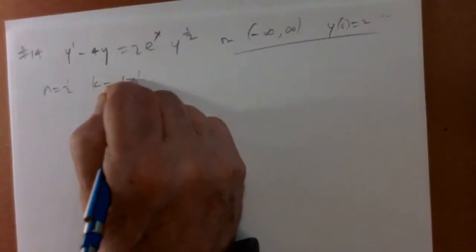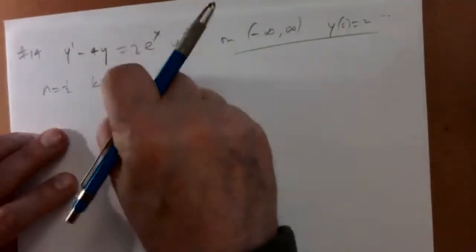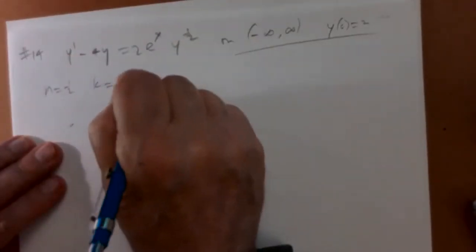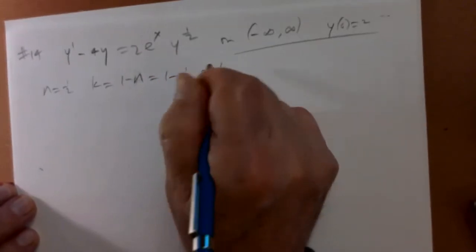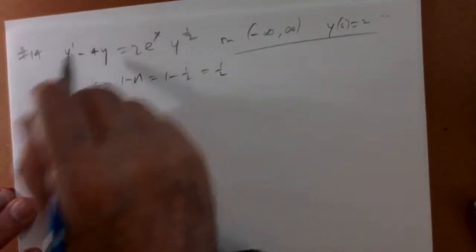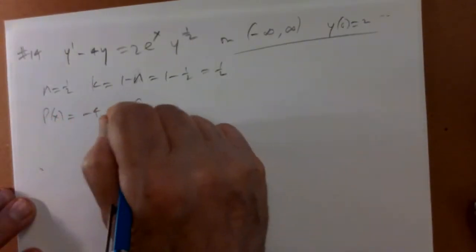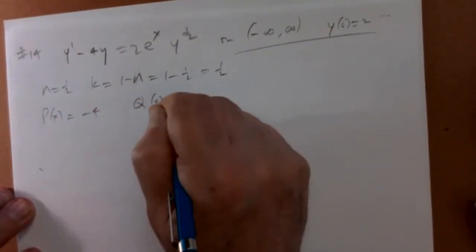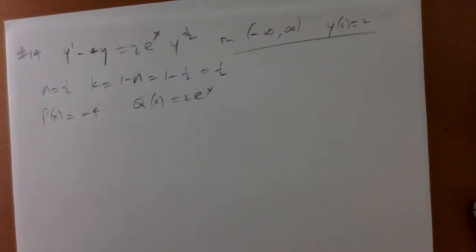So k, which is 1 minus n, is 1 minus 1/2, which is also 1/2. My function p of x is minus 4. My function q of x is 2e to the x.